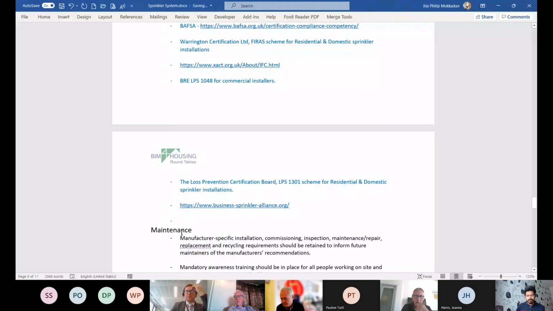And in some of the other groups, they've basically said that they think it should be reasonable that the manufacturers should provide the basic training alongside their products. And in the AOV industry, in the smoke industry, for example, that's exactly what they do. They provide that at no cost to the installers. Do you know if that's the case with sprinklers?